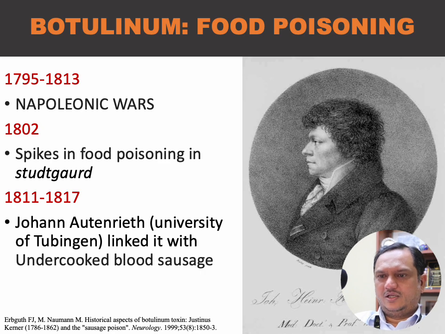Johann Ortenreith from the University of Tübingen was the first one to propose that the botulism we're seeing, this presentation of paralysis in a patient, is likely related to undercooked blood sausages. So we're talking about 1800 to 1817.